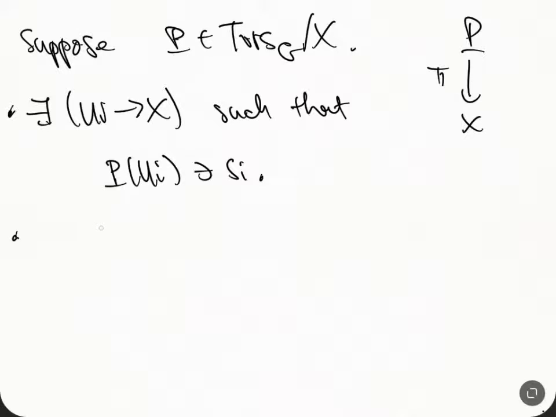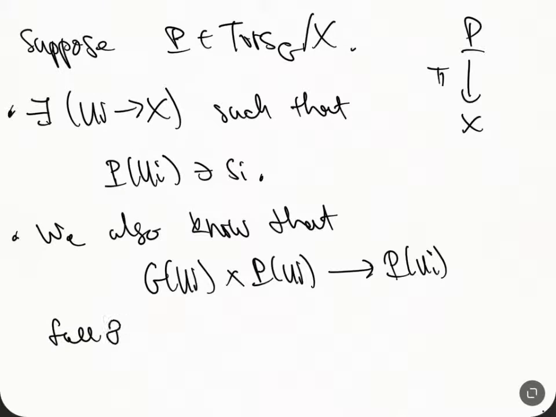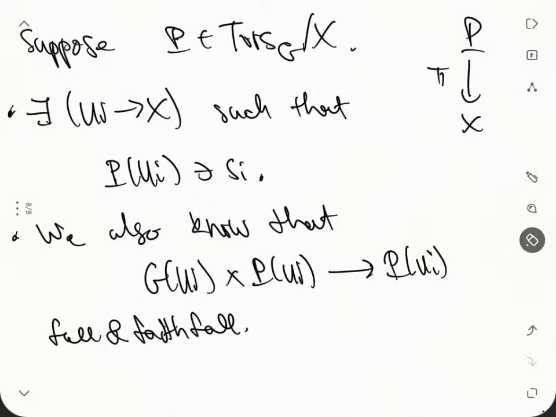Okay, and so given this SI, what can we do? Well, we're given a section here. We also know that G of UI cross P of UI to P of UI is full and faithful.